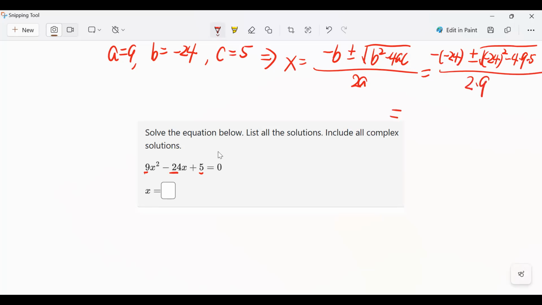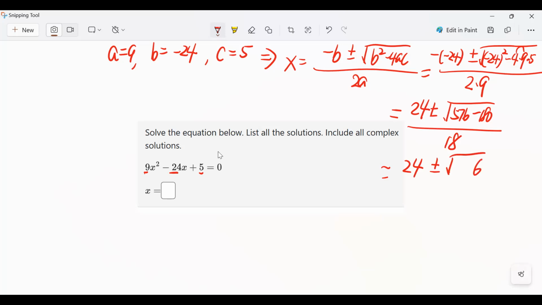So simplify, we get 24 plus minus the square root of, 24 squared is 576, minus 36 times 5, that's going to be 180. Okay, and let's divide by 18. I'm just going to simplify further. So 576 minus 180, that will be 396.